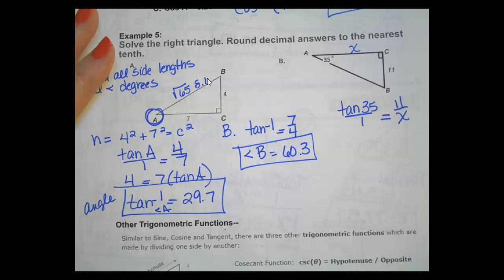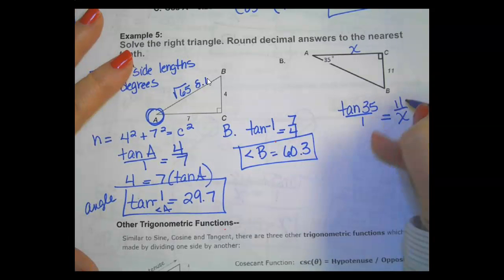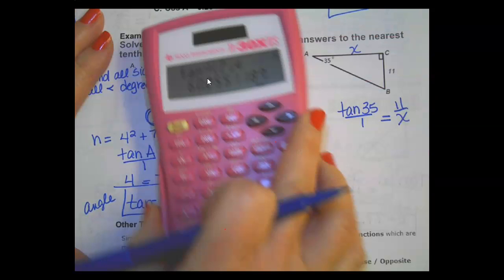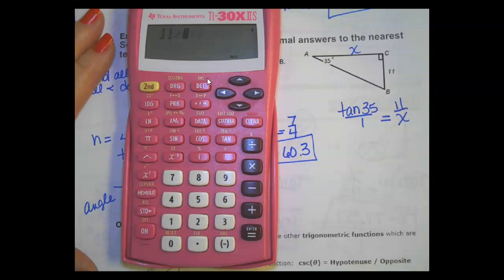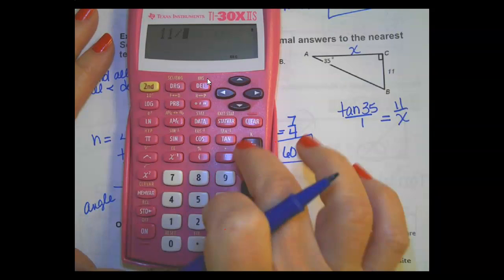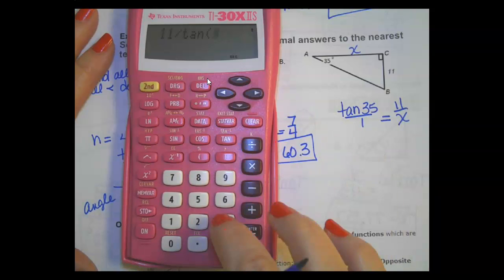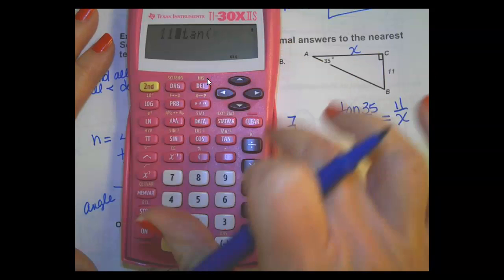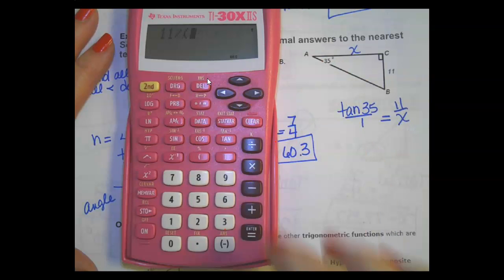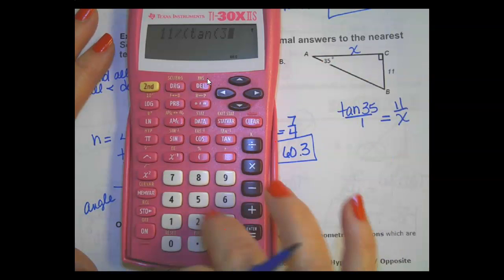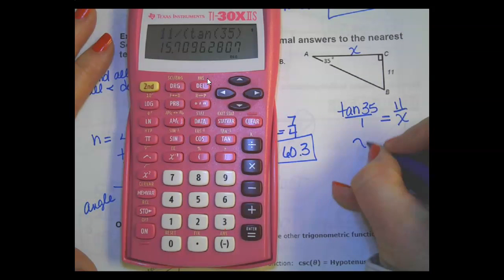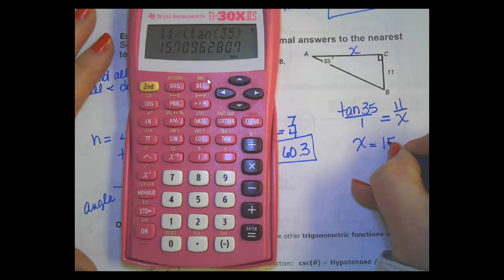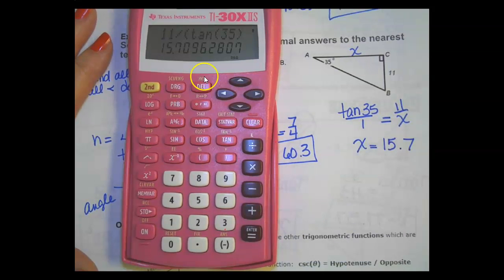So now we can cross multiply. So 11 divided by the tangent of 35, I'm going to put that in parentheses. So that side length is 15.7.